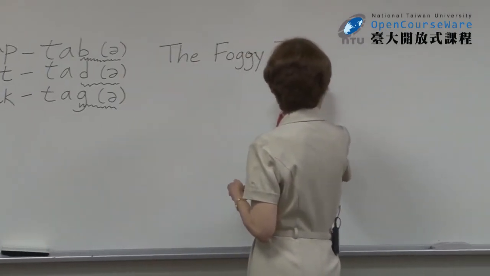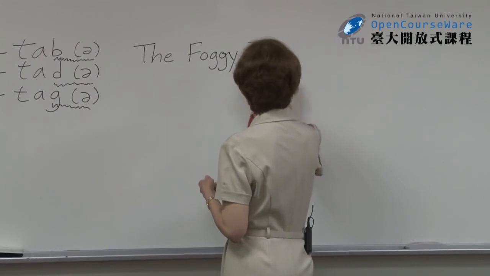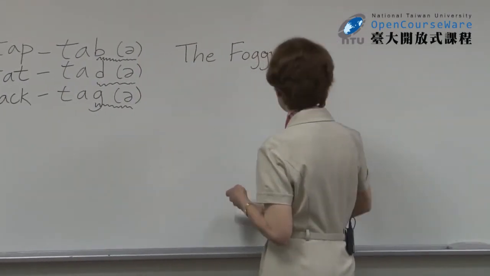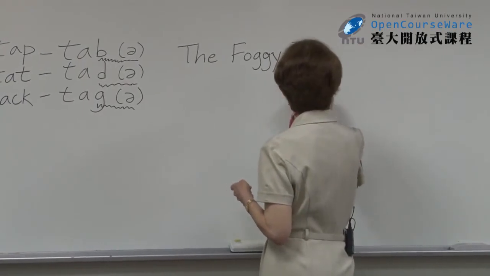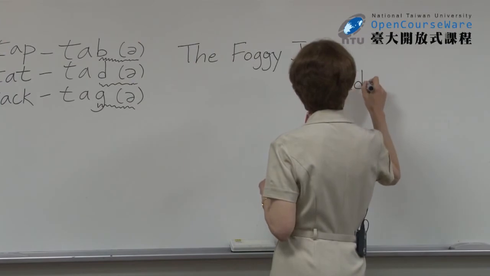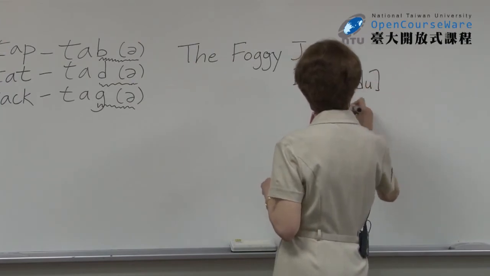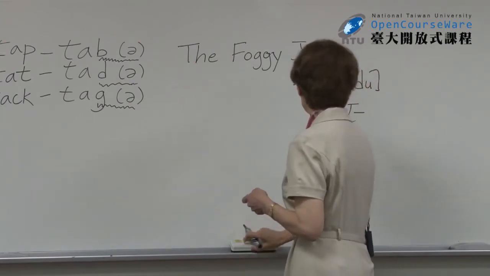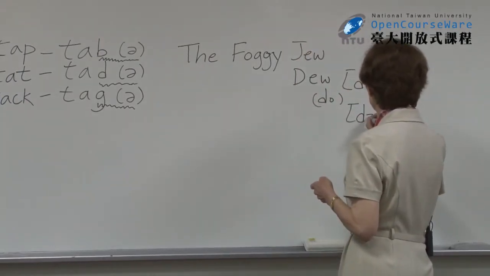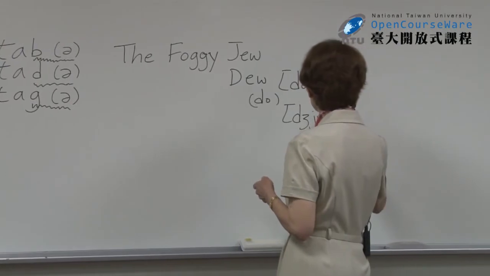In American, whoops, let me try that D again. In American, it's just do, and it sounds the same as do. In British, it's pronounced as, not T, sorry. We have to go to D here. In British, it's pronounced Jew. All right?